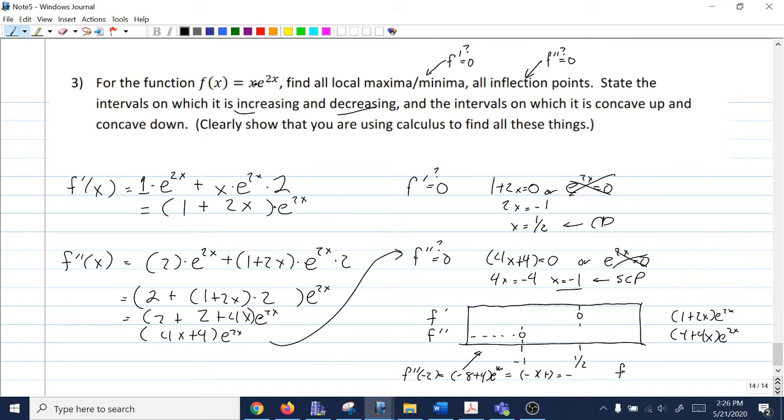What's f double prime doing to the right of -1? Let's take f double prime of 0. It's going to be 4 plus 0 times e to the 0. That's a positive times a positive, which is positive. We're positive to the right of -1. So -1 actually was an inflection point. Now I can do the thing where I stare at this point and ask what's going on.